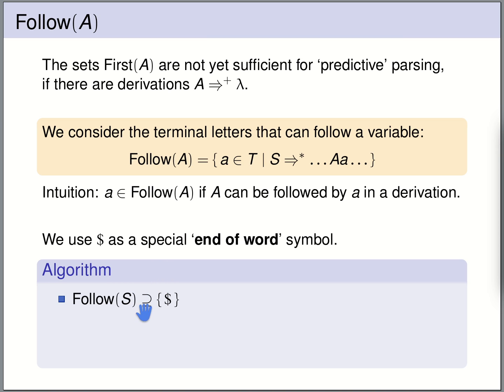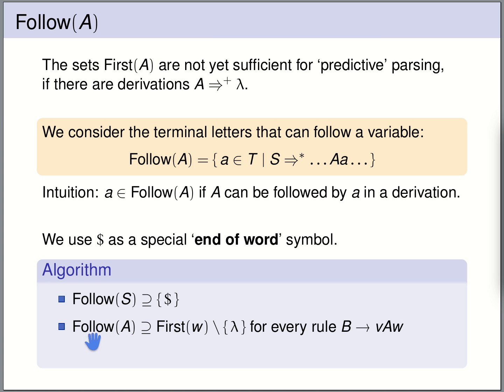I'm writing here the superset, indicating that it could be a bigger set derived from the other rules, namely follow of a variable A always contains the following: if we have a rule B can rewrite to VAW, so the word W follows the variable A, then any terminal letter that is in the first set of W, that can be the first letter of a word derived from W, can follow the variable A, except for lambda.